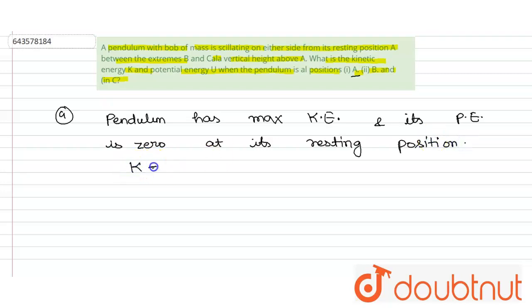Hence, kinetic energy K is equal to mgh and potential energy U will be 0.